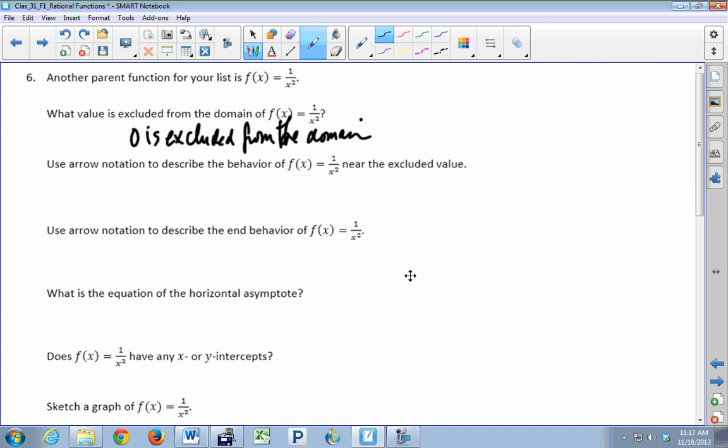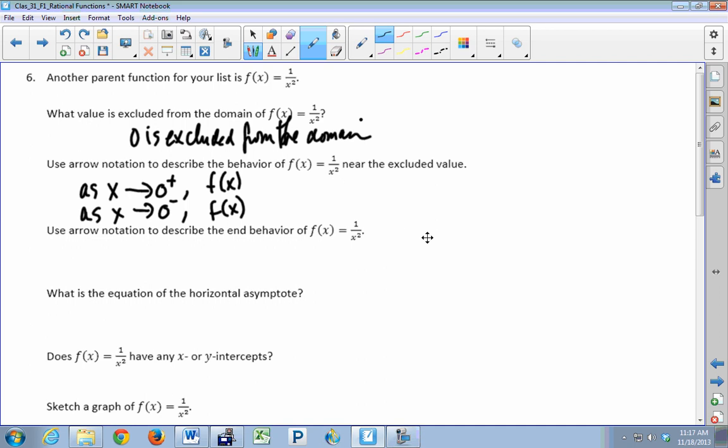So now let's see what happens to this function as we get close to that trouble spot. We've got to look at what happens as x approaches 0 from the right, and what happens as x approaches the trouble spot from the left. So now we're asking, what does our function do? What happens to the value of our overall function as x gets really close to 0 from the right?